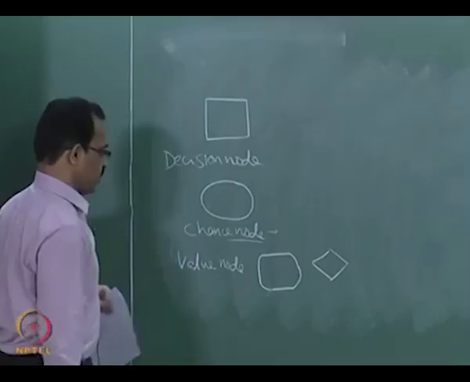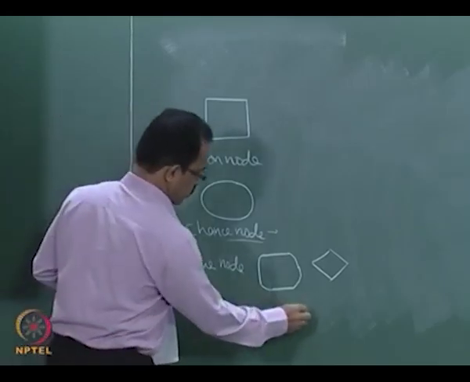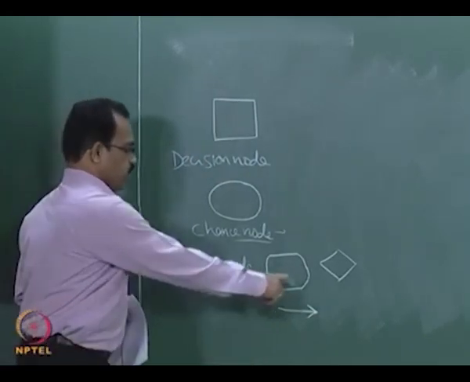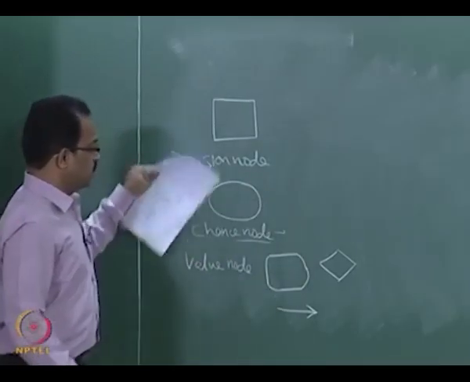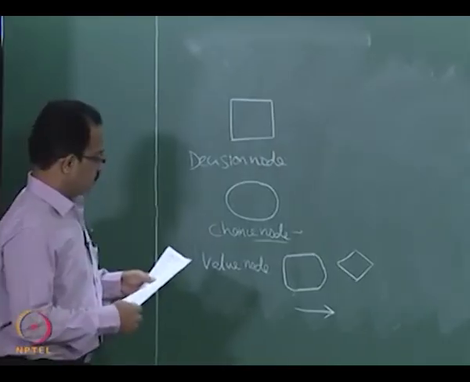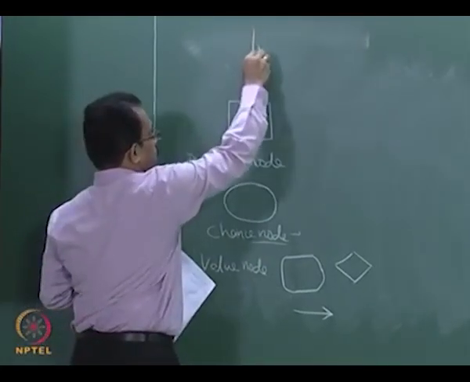Then we have the arc which determines the dependency. An arc is nothing but a line which represents the dependency between these nodes. So these are the basic construction elements for the influence diagram.